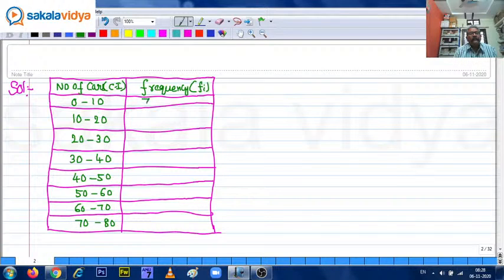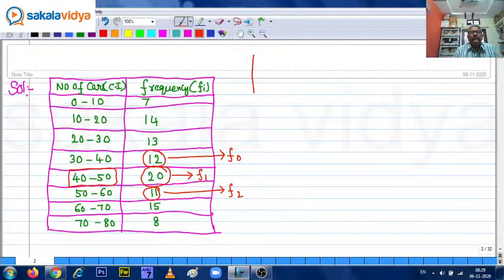The frequencies are 7, 14, 13, 12, 20, 11, 15, 8. First let us find the maximum frequency. This is the maximum frequency, so this is F1, this is the modal class, this will be F0, and this will be F2.